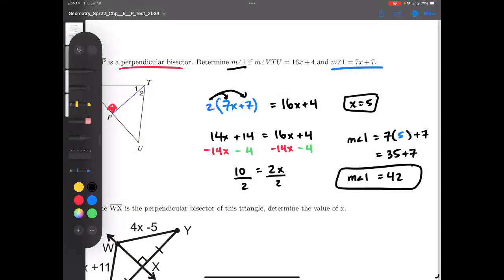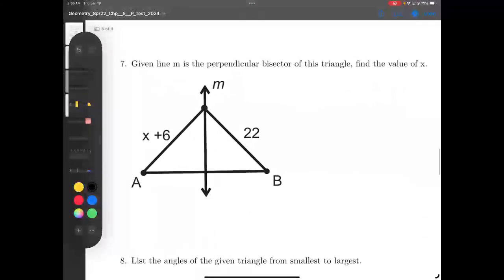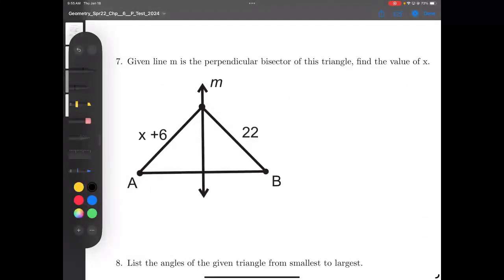What's another one that you guys want to talk about? Seven? 7, okay. Right here, perpendicular bisector, very important information right there. You can draw in the little square if you want to.